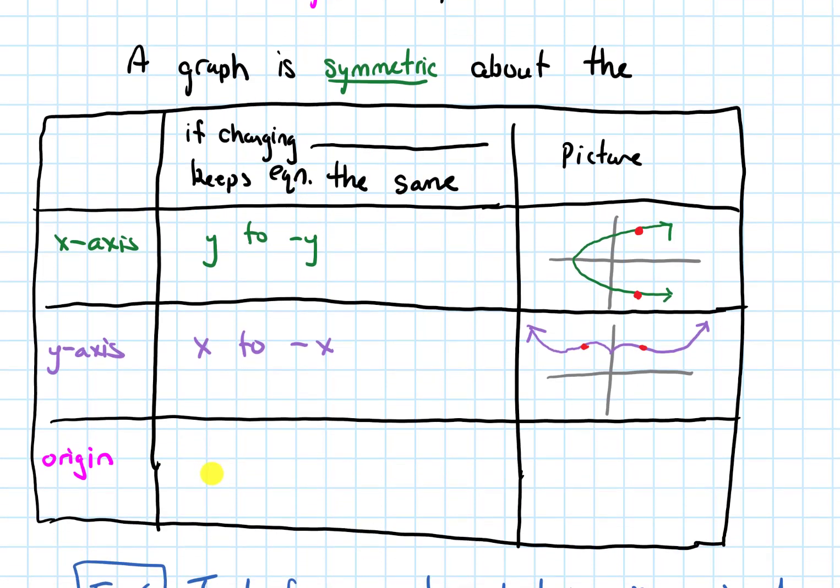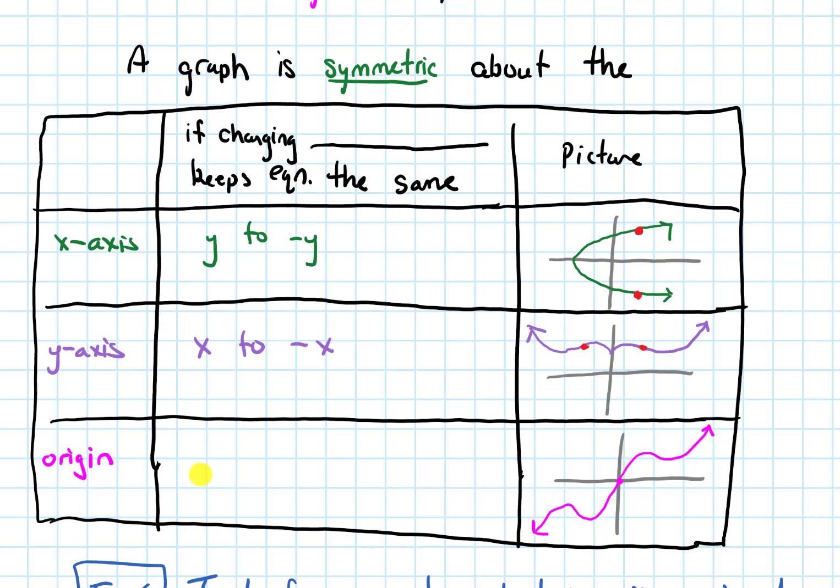Okay, so finally, symmetry about the origin. Let's draw a graph. For it to be symmetric about the origin, it turns out the graph has to go through the origin. And then whatever it looks like on one side of the origin, it's going to be the mirror image of that through the origin. So the mirror image would be something like this, through the origin.